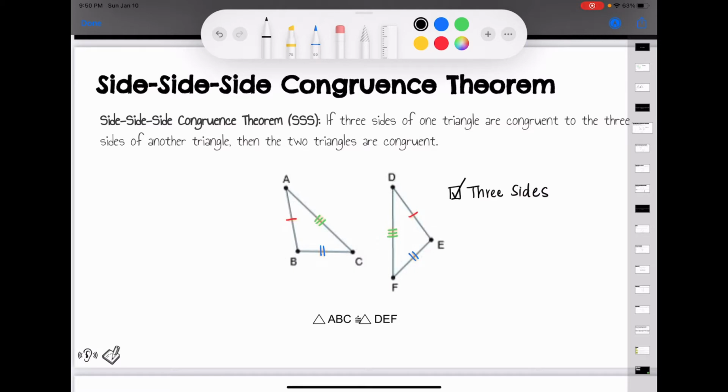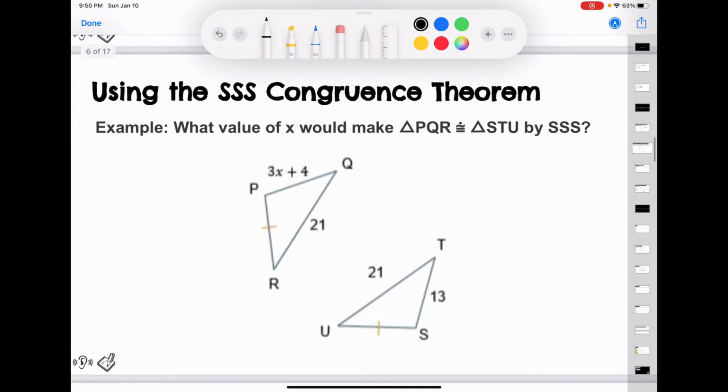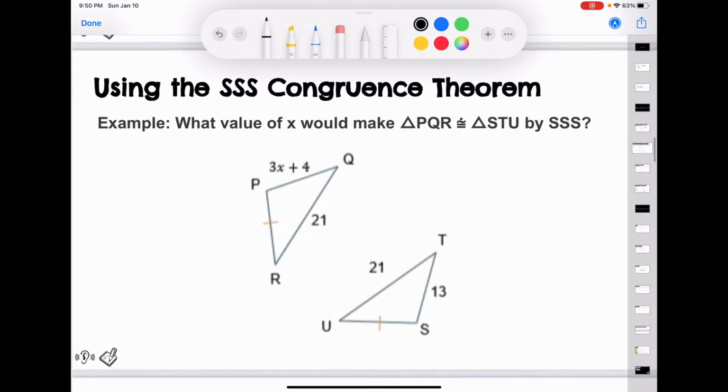Let us look at how we can use the SSS congruence theorem to solve a problem. Here we are asked what value of x would make triangle PQR and STU congruent by using the side-side-side theorem. The side-side-side theorem tells us that all 3 of our different line segments must be congruent.